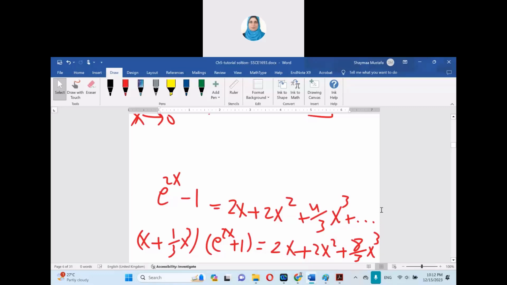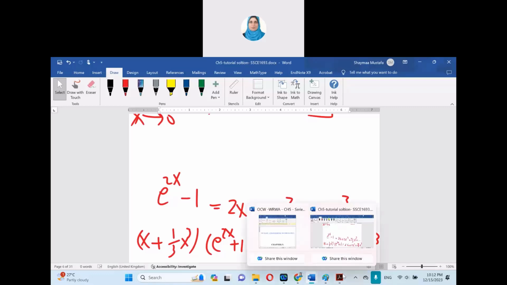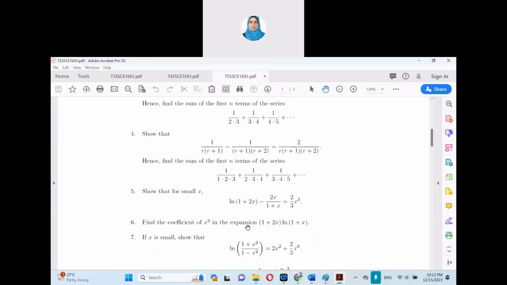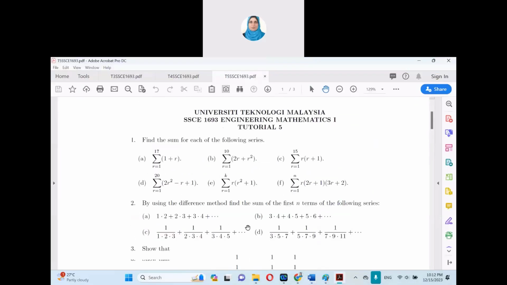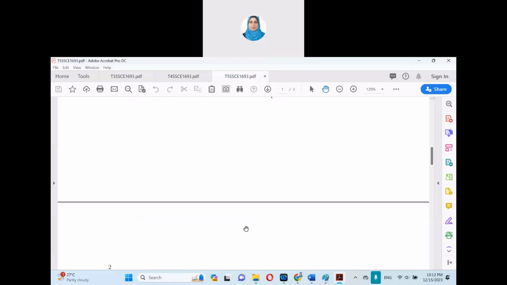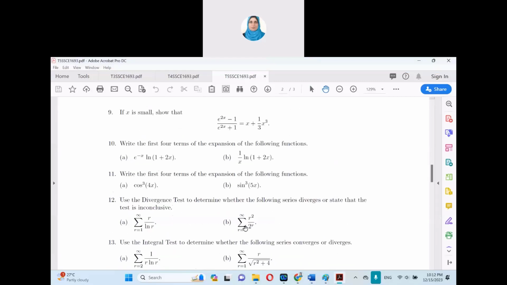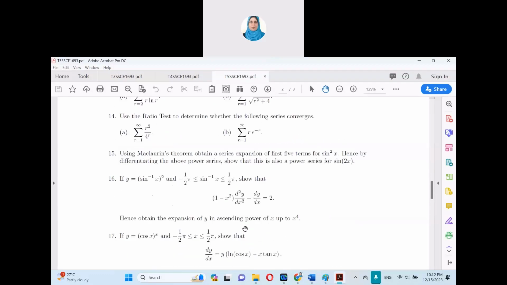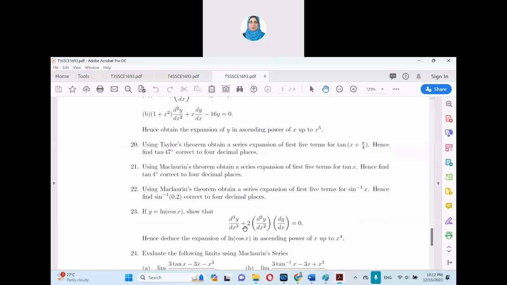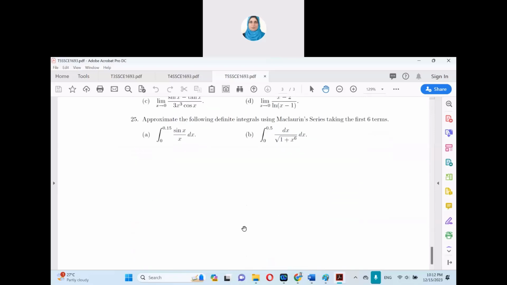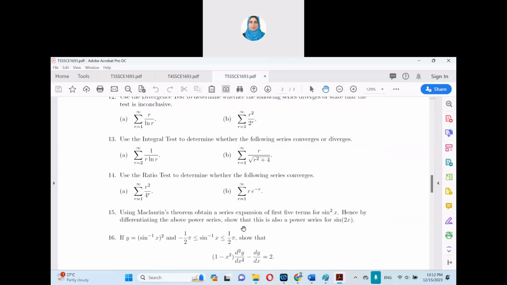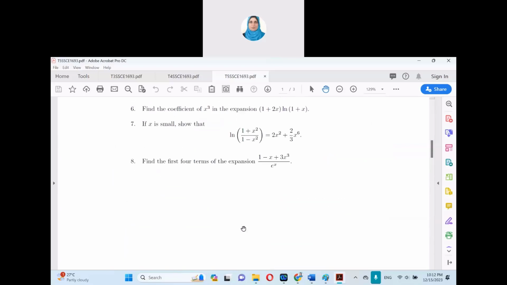Since nobody asked about divergence and convergence of series, hopefully it's clear for you how to check if the series converges or diverges. For the divergence test, take the limit. If the limit is 0, the test is inconclusive or fails. If the limit is not 0, it means the series diverges. For the integral test, be sure that the function is decreasing, positive, and continuous.